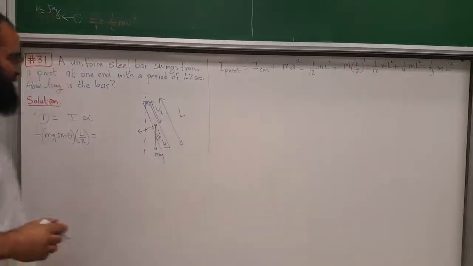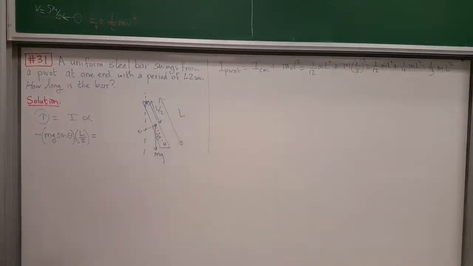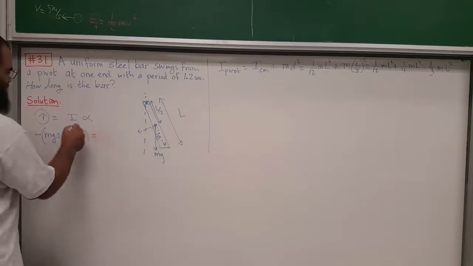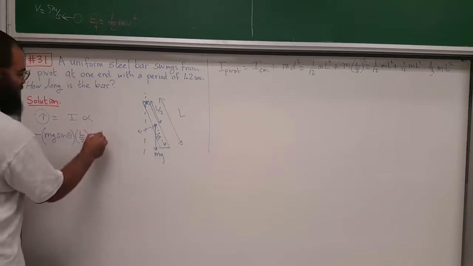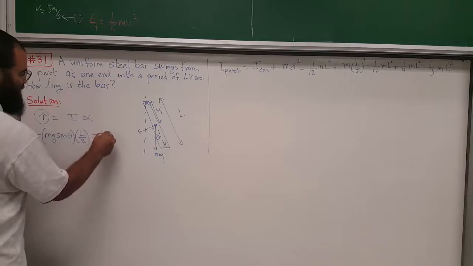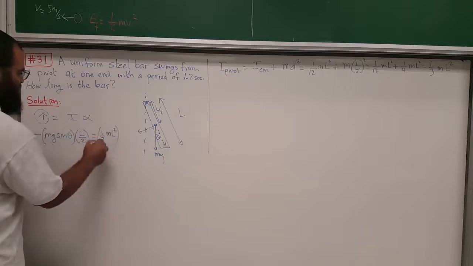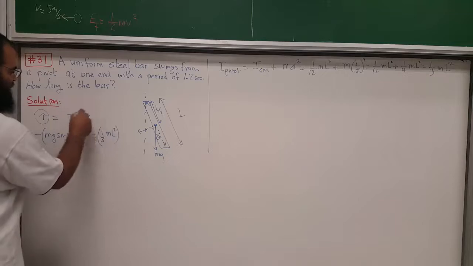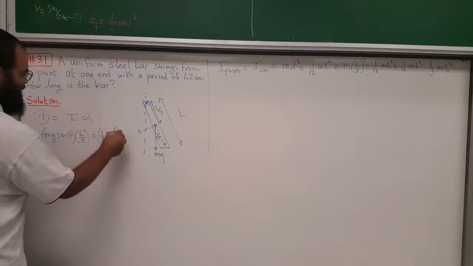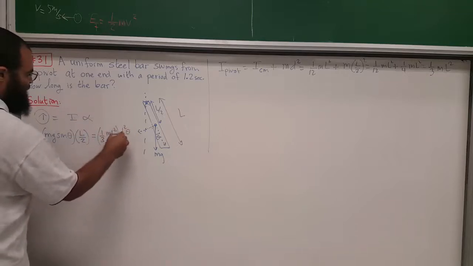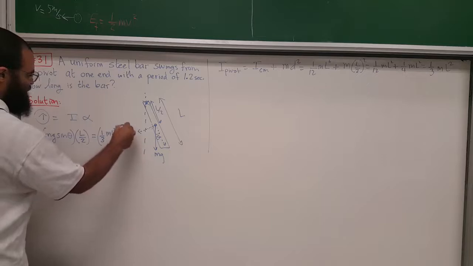It's extra practice. Okay, so you get here the moment of inertia is, what did we say, 1/3 ml squared, and alpha is the second derivative of theta with respect to time, d squared theta dt squared.